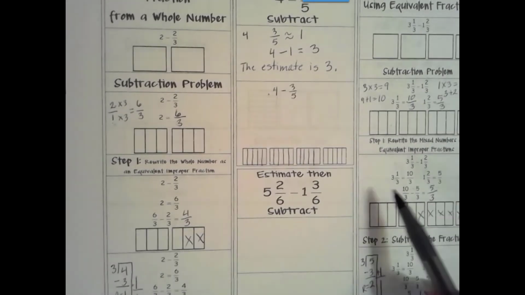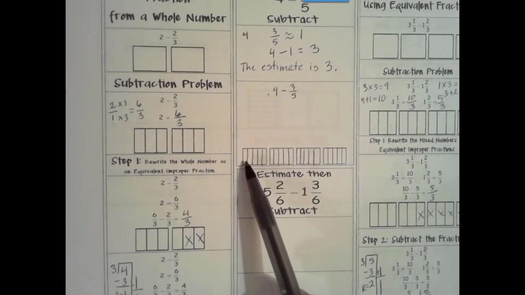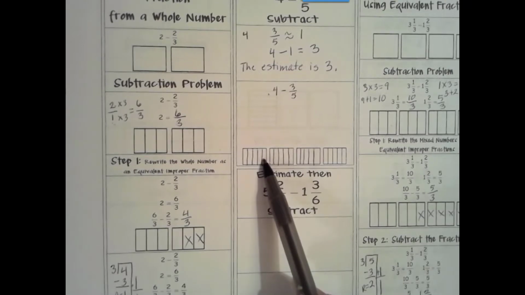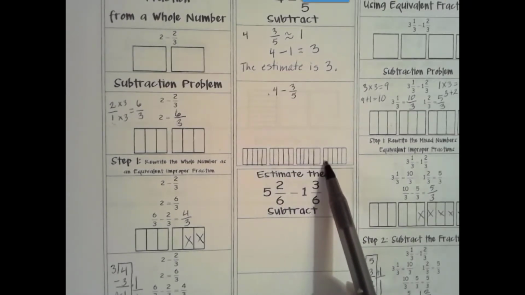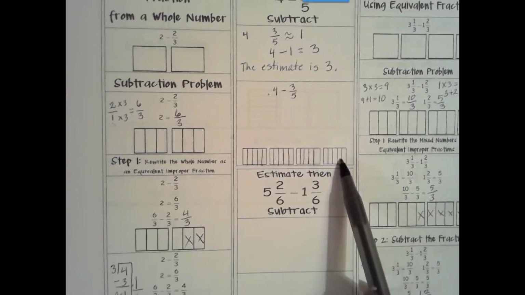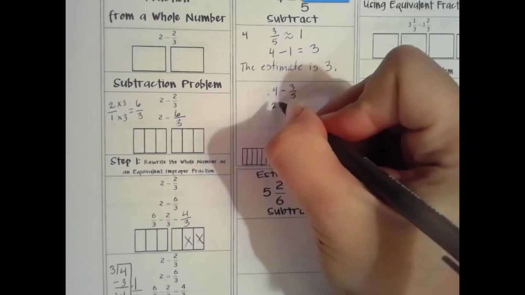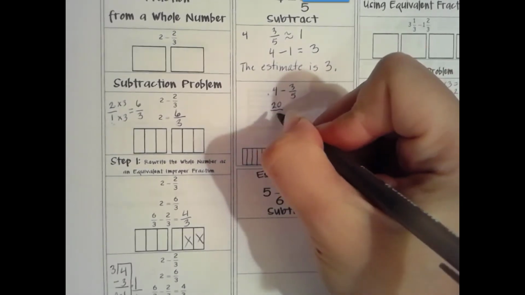Okay, so how many fifths are in 4? 1, 2, 3, 4, 5, 6, 7, 8, 9, 10, 11, 12, 13, 14, 15, 16, 17, 18, 19, 20. We have 20 fifths.